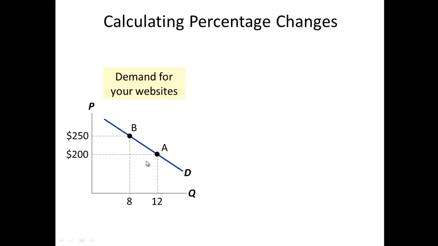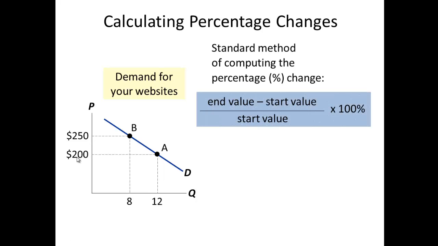Remember our calculation: the percentage change in quantity demanded, from 12 to 8, divided by the percentage change in price from 200 to 250, will give us our price elasticity.